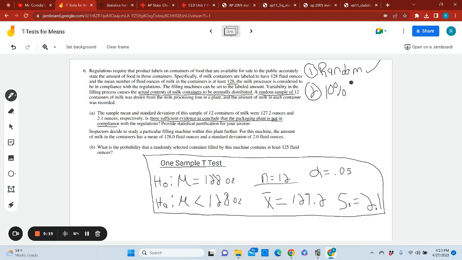Okay. Next one is the 10% condition, right? We don't want to violate independence. We don't want to sample too many containers. So I need to say that these 12 containers of milk is going to be less than 10% of all the containers of milk that are going to be produced by the factory on this shift or something like that, right? But I'll just write that statement like this. 12 is less than 10% of the population, right?